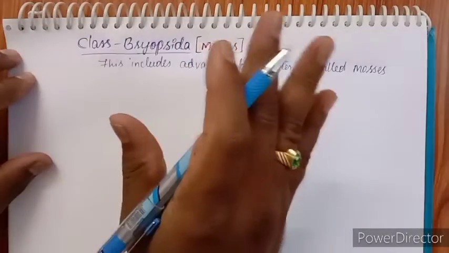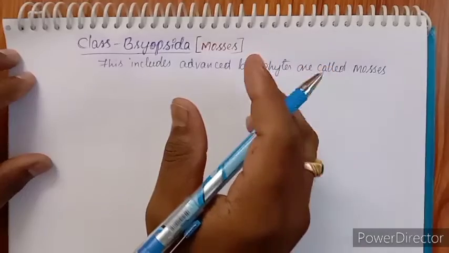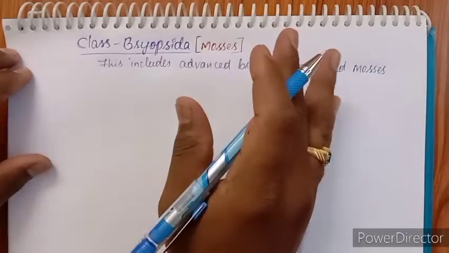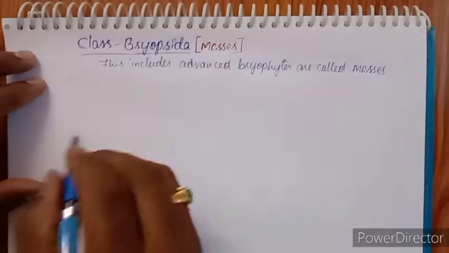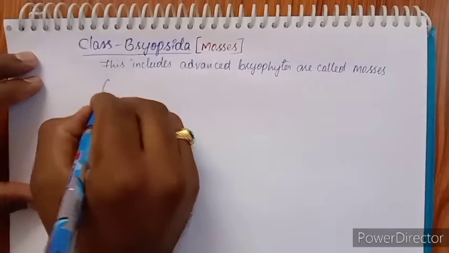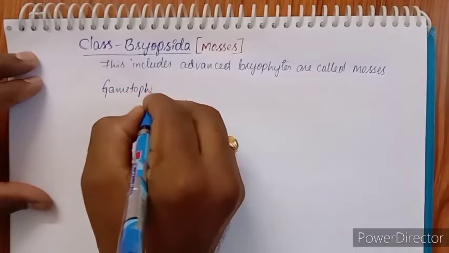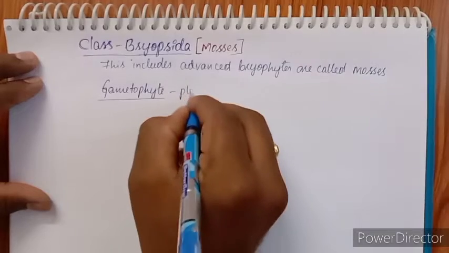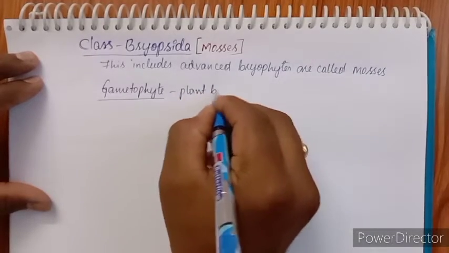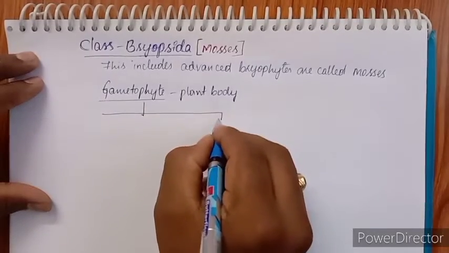Moreover, all bryophytes are avascular. They don't have vascular bundles; xylem and phloem are completely absent. Those are avascular plants. And basically, the plant body is the gametophyte, which is divided into two stages.